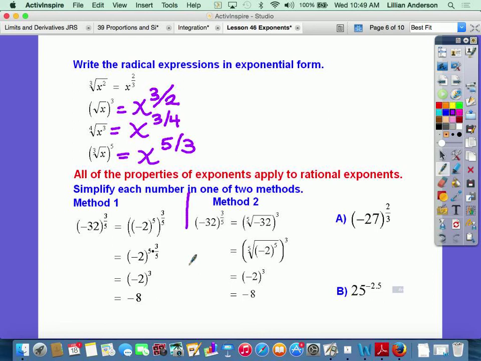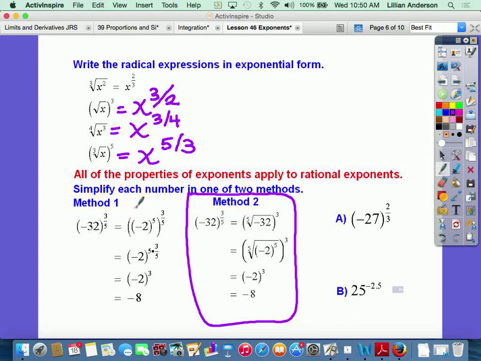Method 2 was the way that we had done them before, but there is another way that you can do them. You can still get about the same answer. If you look at this example, I know that negative 32 can be written as negative 2 to the 5th power. Just think about a 2 to the 5th power is 32, make it negative. You can just multiply your exponents together, like how they did here.